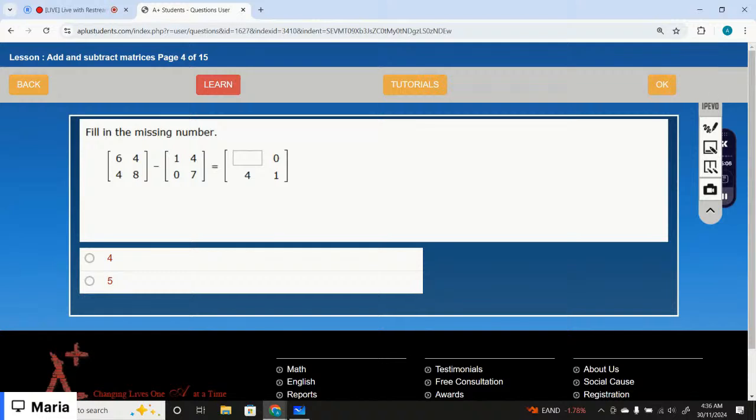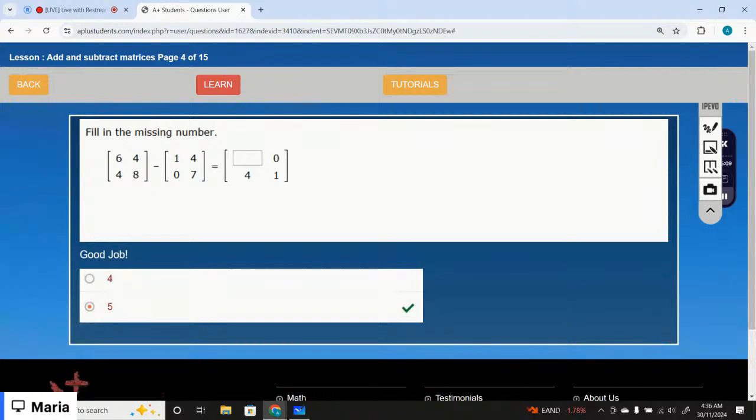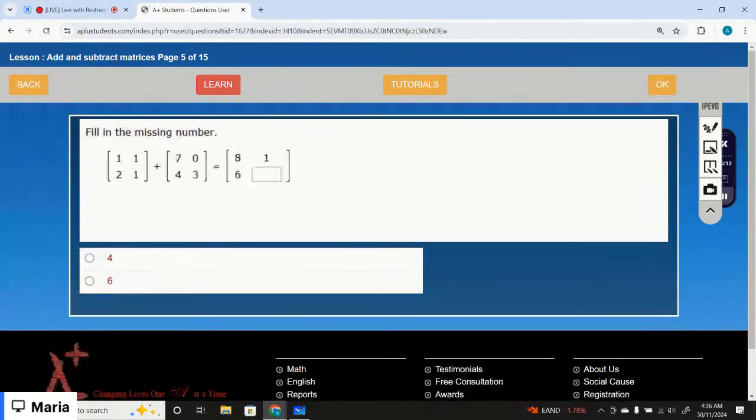Option number 2 is the correct option. Fill in the missing number. So which is the correct option? That is 1 plus 3 is 4. So option number 1 is the correct option.